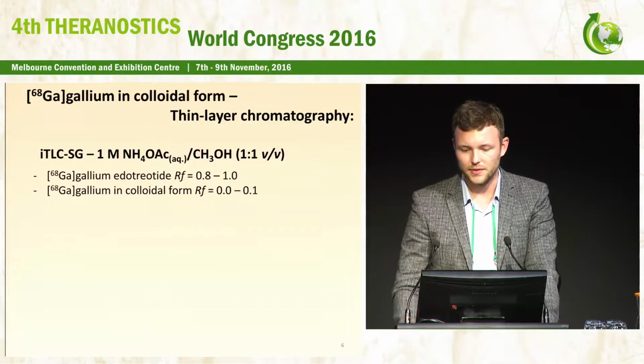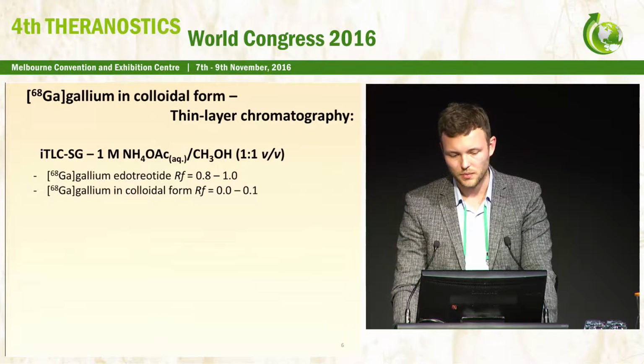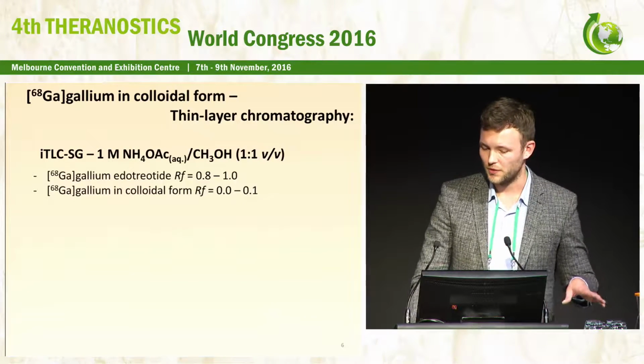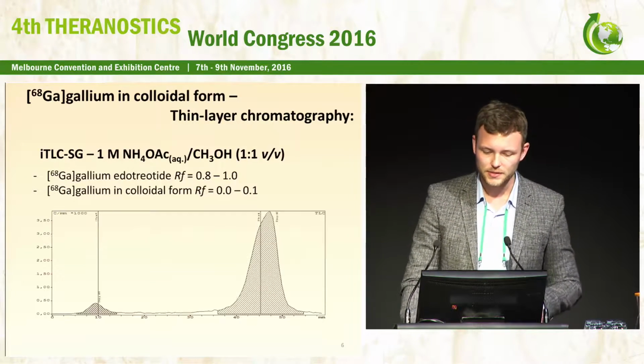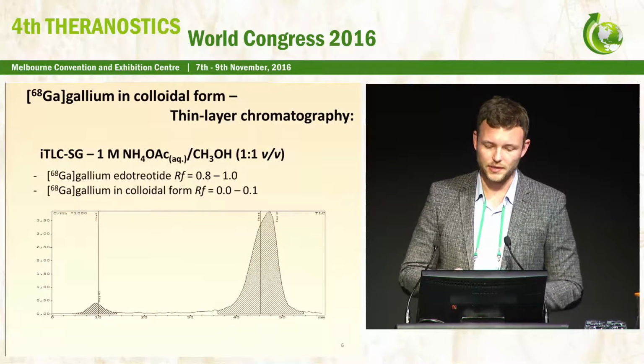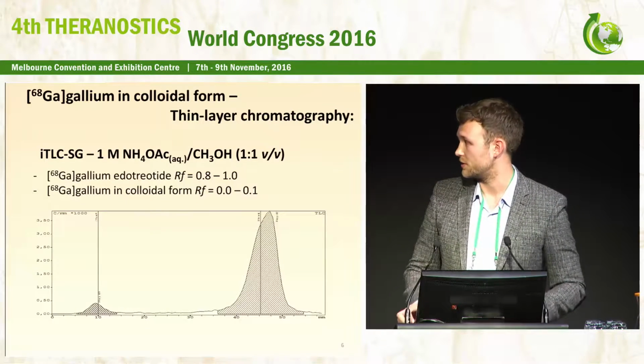The Pharmacopoeia recommends thin layer chromatography with an ITLC system with ammonium acetate and a mixture of water and ethanol. In this system, the peptide moves with the solvent front and the gallium colloid stays at the origin.